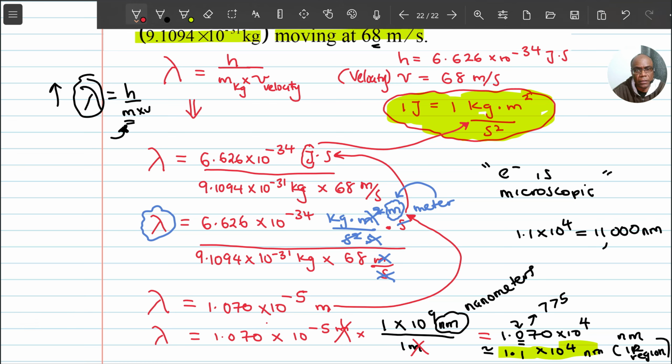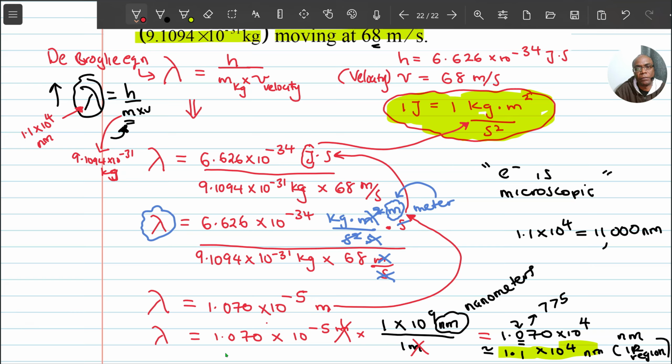And based on the de Broglie equation that we used here, an electron has a mass property, which is 9.1094 times 10 to the power minus 31 kg, although small, and it has a wave-like property, which is 1.1 times 10 to the power 4 nanometers for this case.